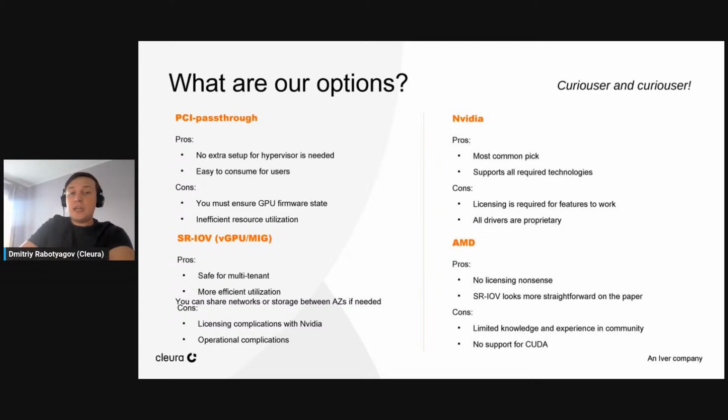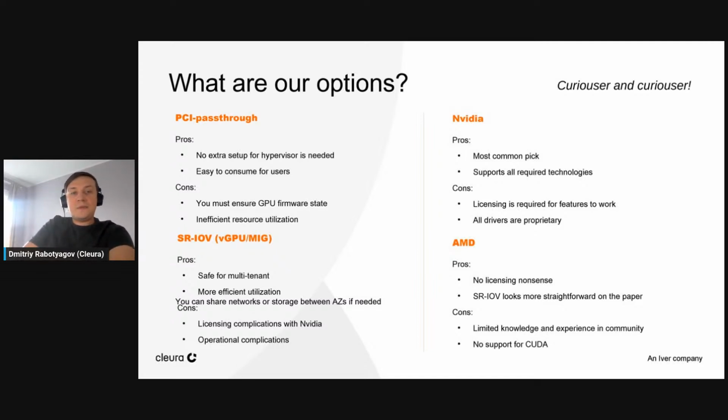But when talking about hardware vendors, NVIDIA looks like the most common pick across the community, and thus the most battle-tested, with operators around who can give you advice on how to do things, how to avoid some bugs, or configure things in a better or more optimal way.